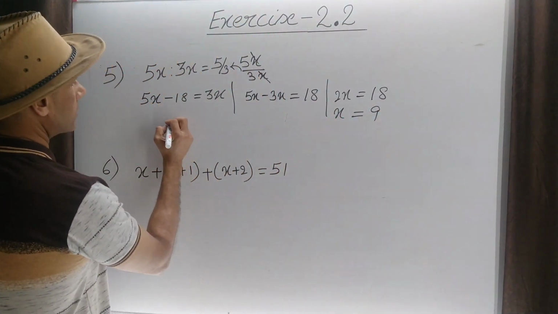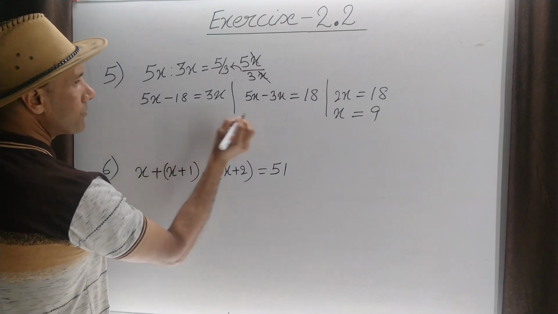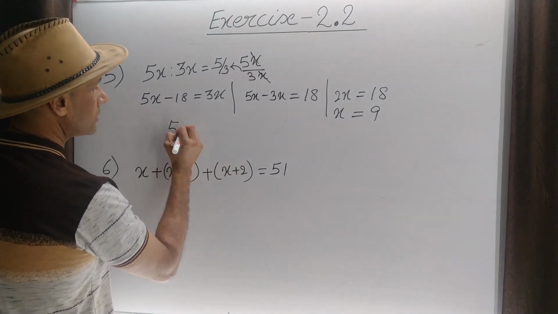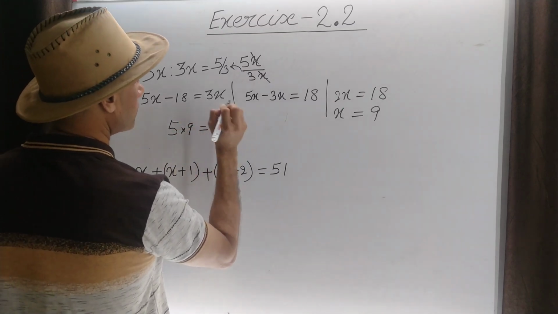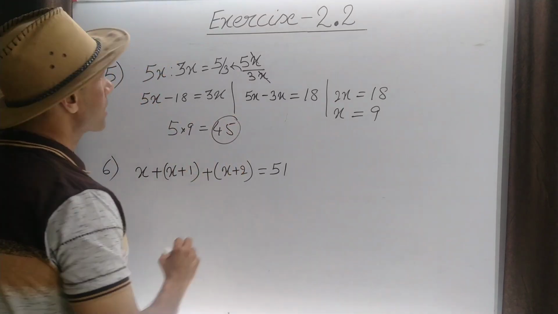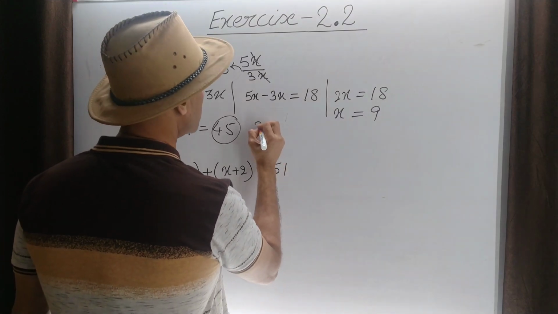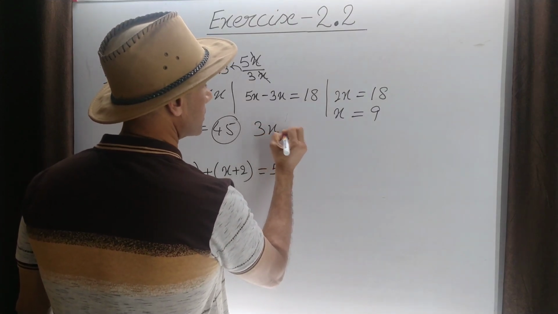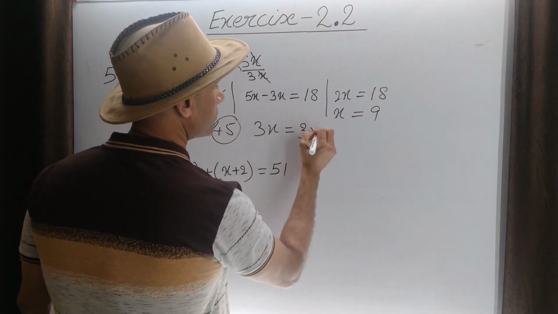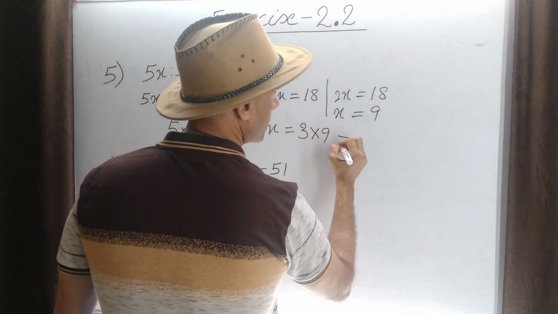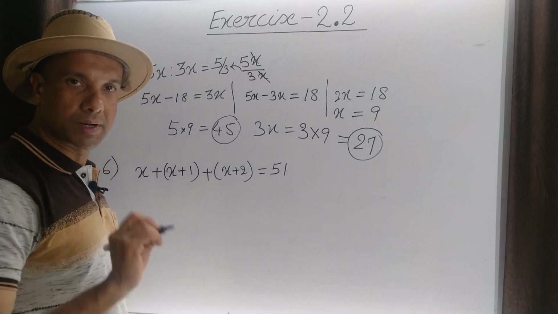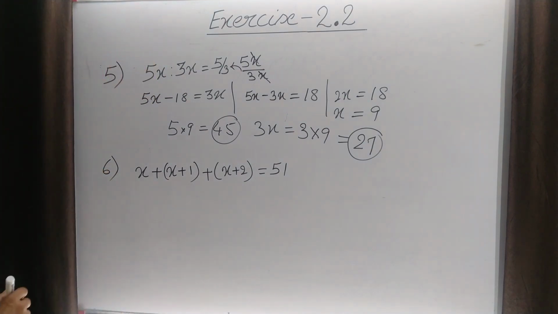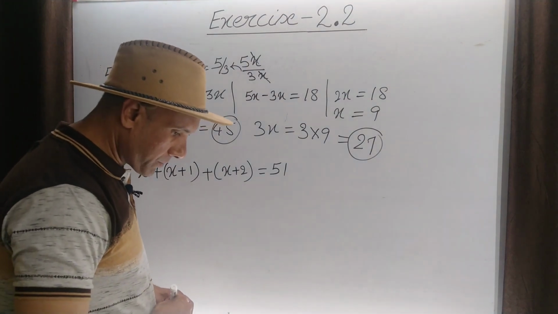The larger number will be 5x, that is 5 into 9, that makes it 45. This is the first number. And another number will be 3x, that is 3 into 9, that makes it 27. So the other number will be 27. Understood?